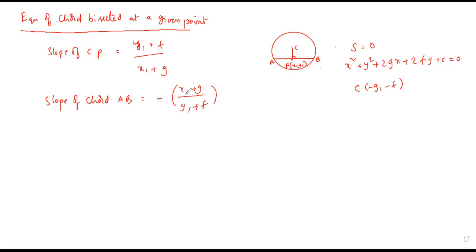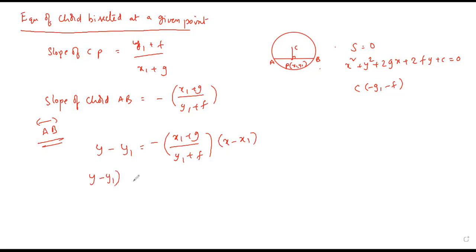Now the equation of the chord is nothing but the line passing through the point (x1, y1) with this slope. So y minus y1 equals minus of x1 plus g by y1 plus f into x minus x1. By cross multiplication, (y minus y1) into (y1 plus f) equals minus of (x1 plus g) into (x minus x1).